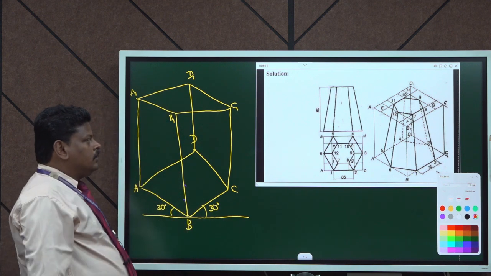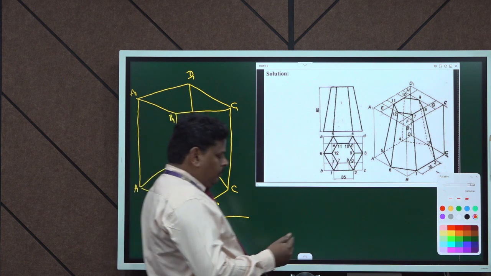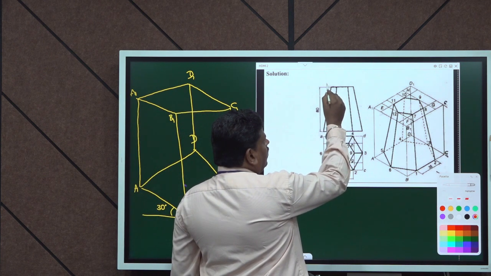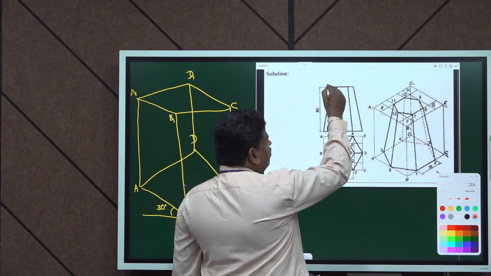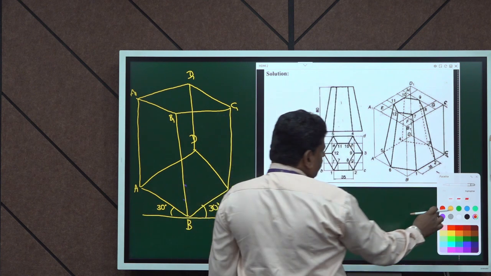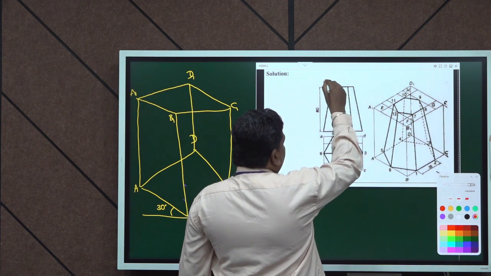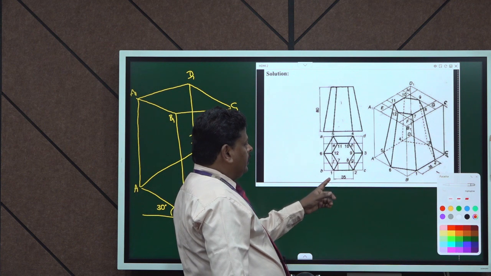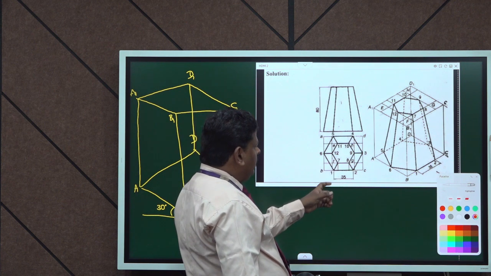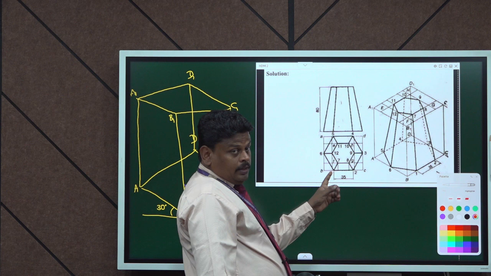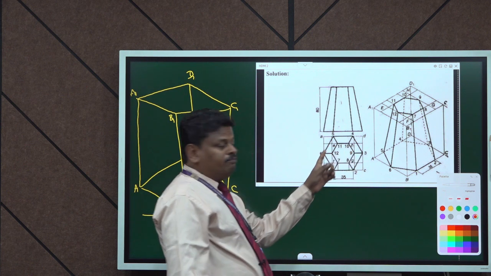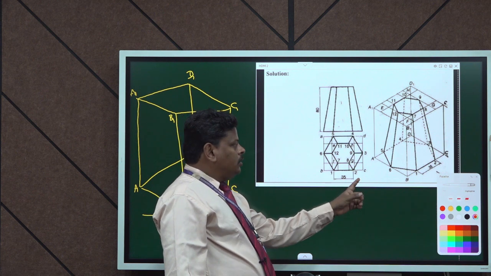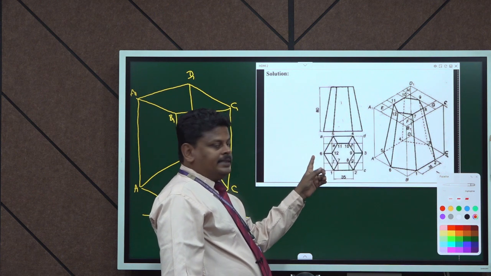The cutting plane here, as I already told you, is a horizontal cutting plane, and the horizontal cutting plane will have some points as indicated over here. You can see here the cutting plane, the hexagonal shape, being labeled 1, 2, 3, 4, 5 and 6.